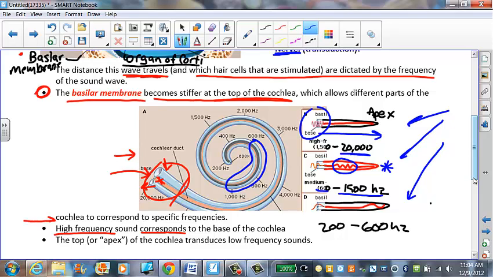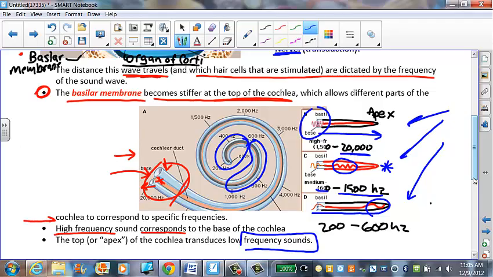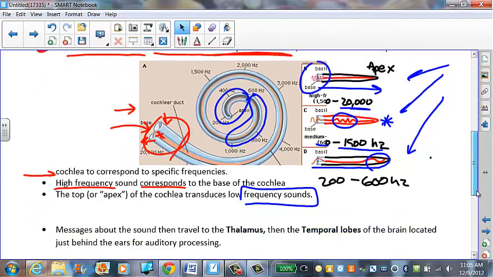And low pitch frequencies, as they travel towards the apex, from about 200 hertz to about 600 hertz, peak at the apex. So those peak right in here. So it seems like different places where the wave peaks, high pitch down at the base, low pitch at the apex, helps us determine the frequency of sounds.